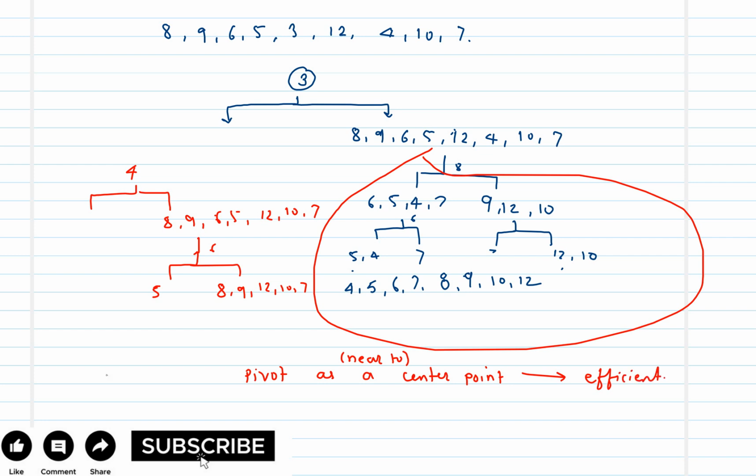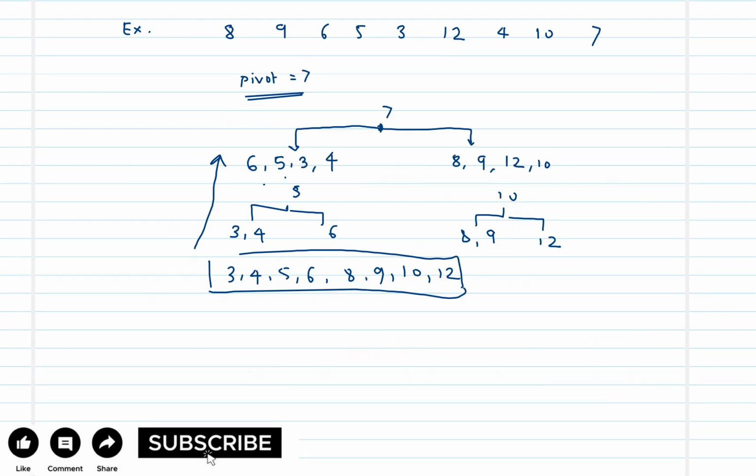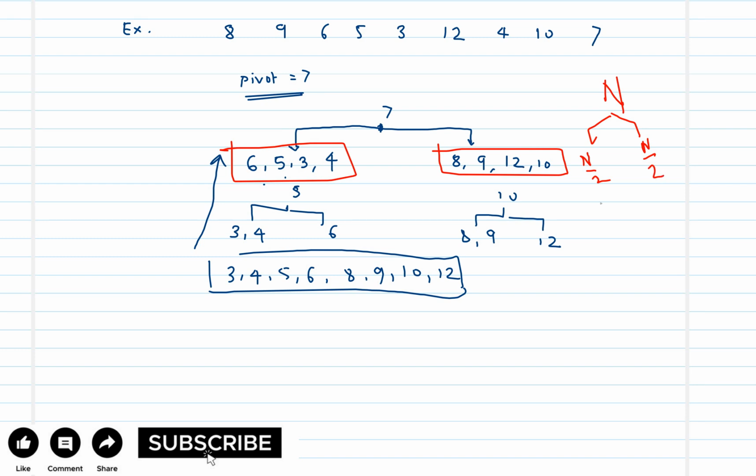And you can observe that whenever we choose the pivot as a center point, every time we have divided the array into nearly 2 equal halves. So what does that indicate? An array of size n was getting converted to arrays of size near n by 2.